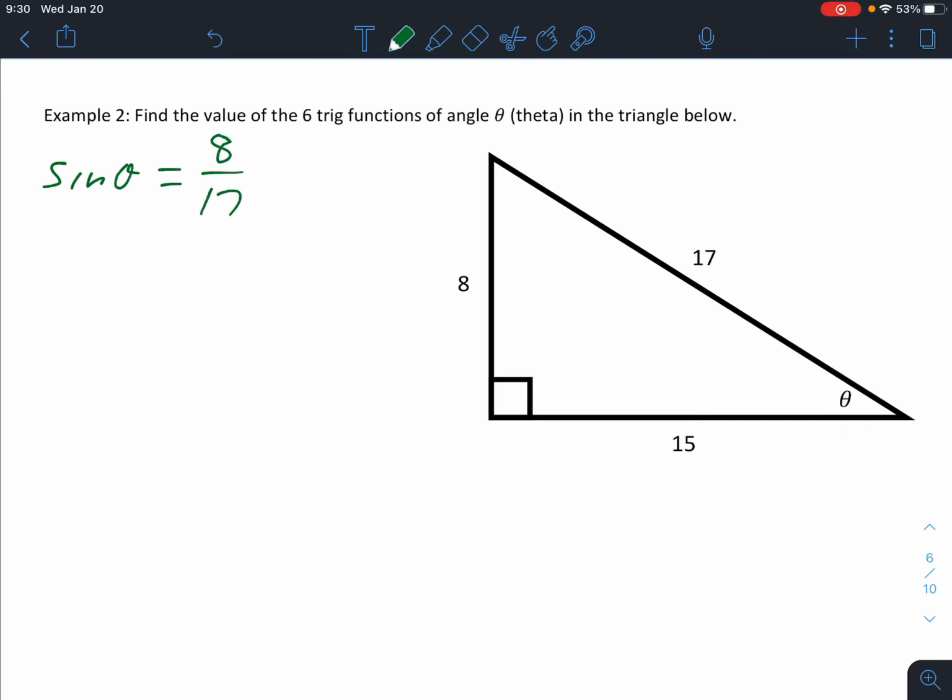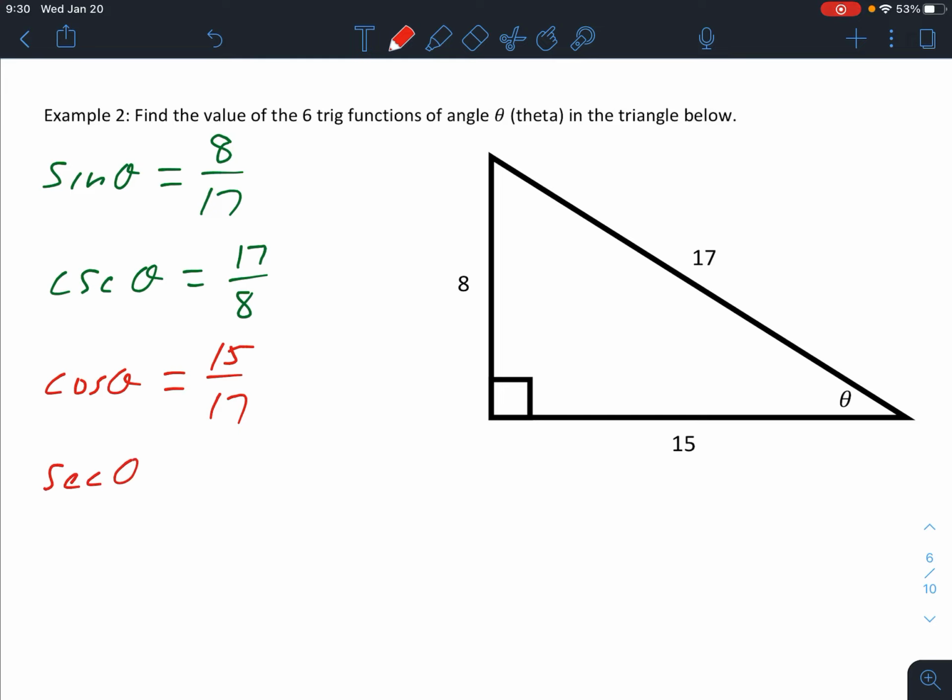But right away now, since I know that the reciprocal of sine is cosecant, I'm going to do the cosecant next, and the cosecant is just 17 over 8. Now let's look at the cosine. Cosine is adjacent leg over hypotenuse, so 15 over 17.